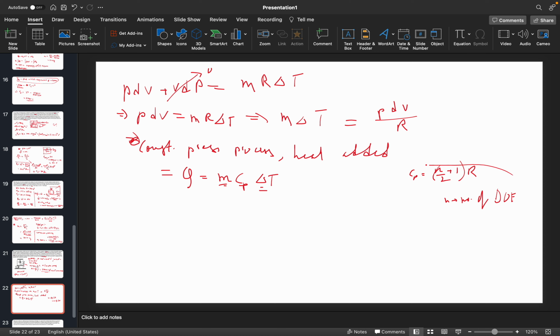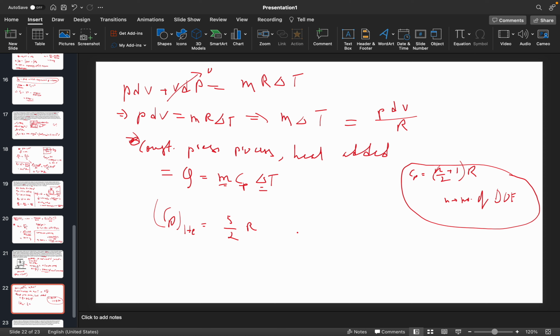For helium, its degree of freedom is 3, so the Cp value for helium is 5 by 2 times R.